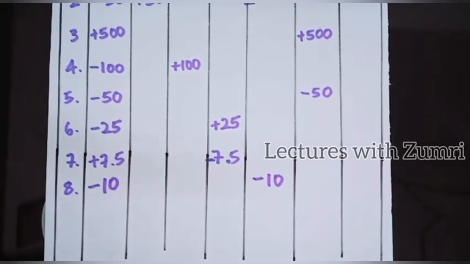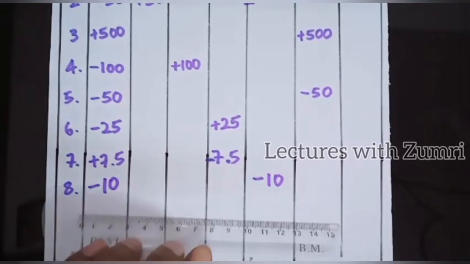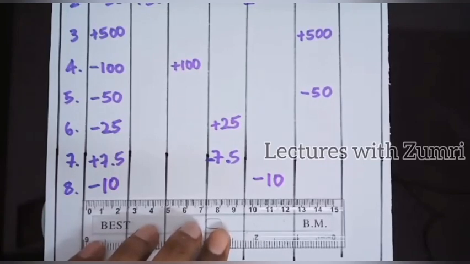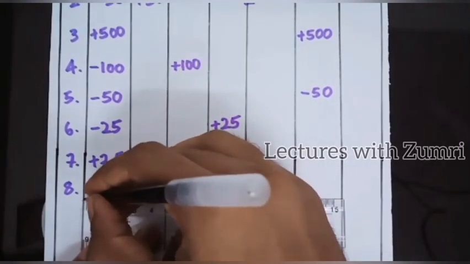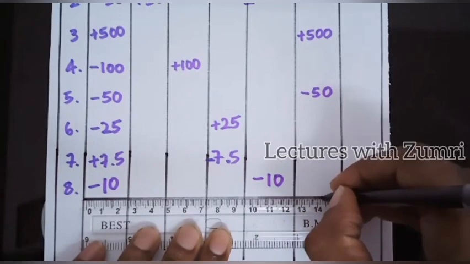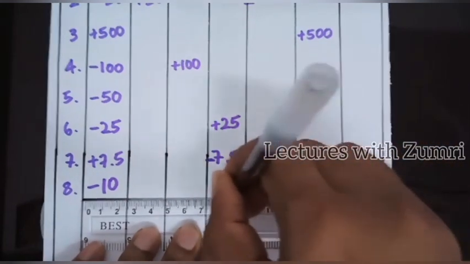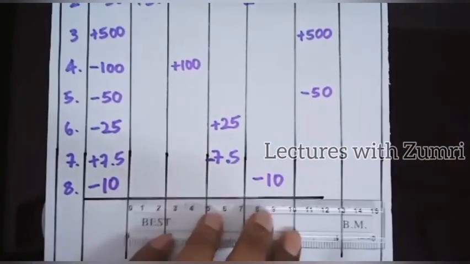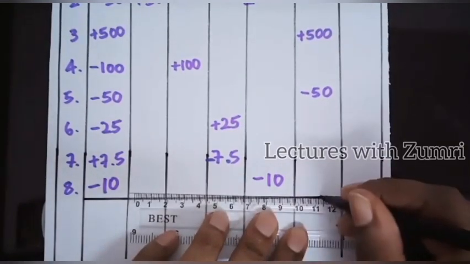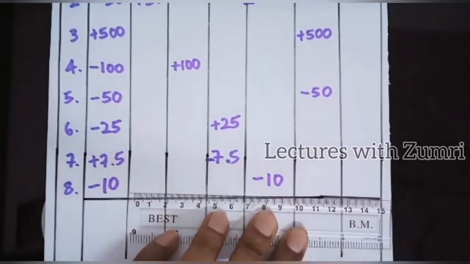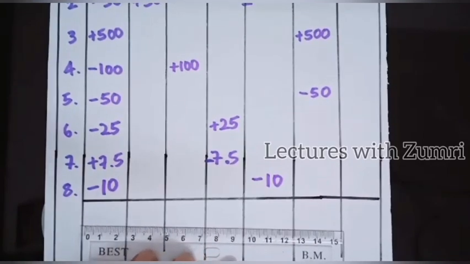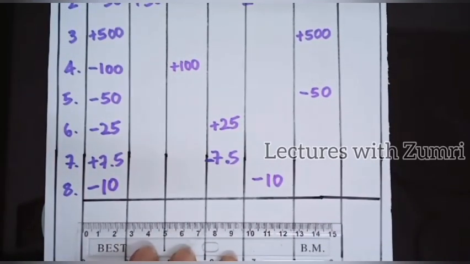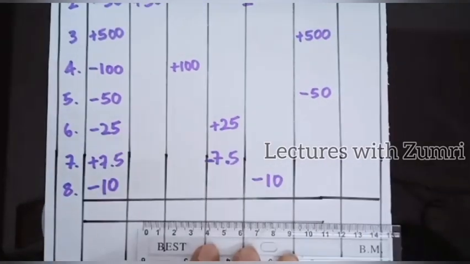So finally what you have to do is get the totals of all the columns. You can drop the answers in the comment box, or you can even personally drop a WhatsApp message for me.